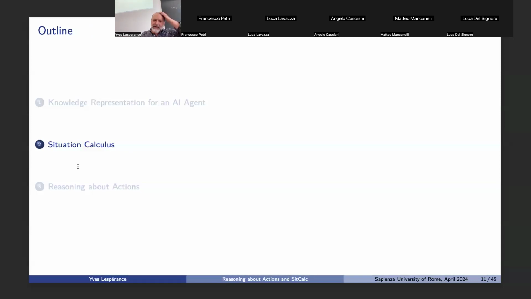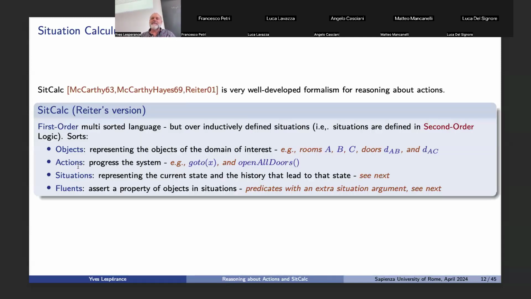So let's look at a particular formalism for reasoning about action, which is the situation calculus. I said that this was originally proposed by John McCarthy, and the ideas were refined by McCarthy and Hayes.